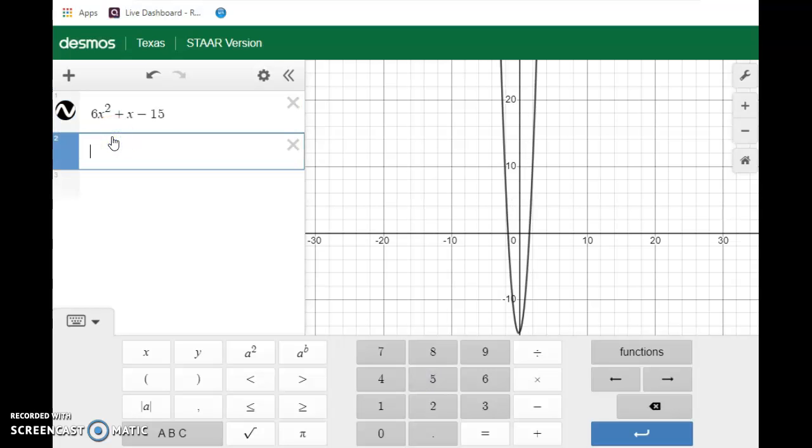And then type all the answer choices, parentheses, 2x plus 5, parentheses, 3x minus 3. That one is not it. Minus 3.